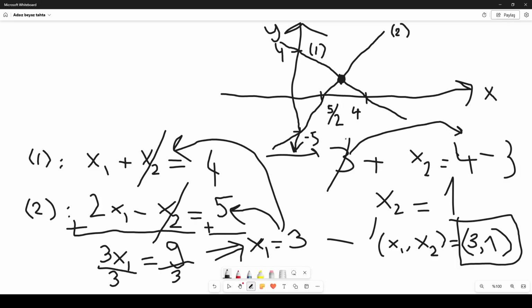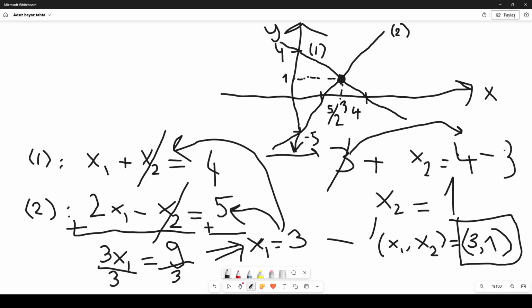We assert that this is the solution to our system, because if the point satisfies both equations, then it must be the intersection point. In other words, the x value of this point should be 3, while the y value should be 1. And therefore, finding the solution to a 2 by 2 system means finding the intersecting points of the lines on the coordinate system.